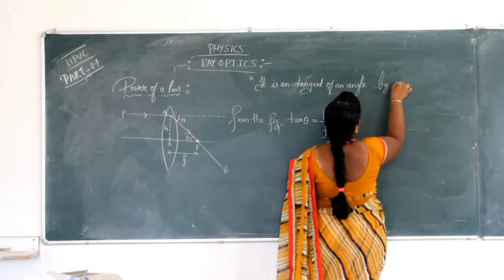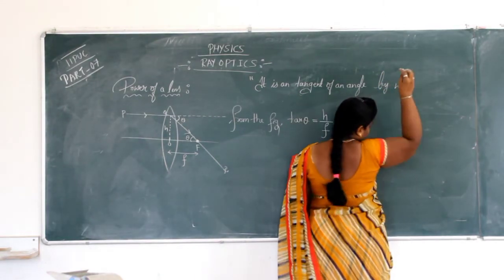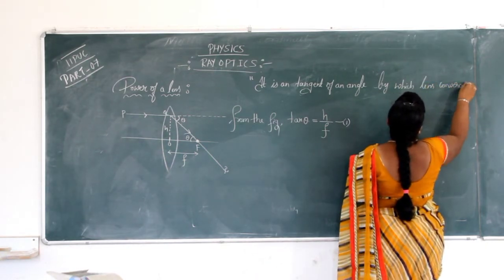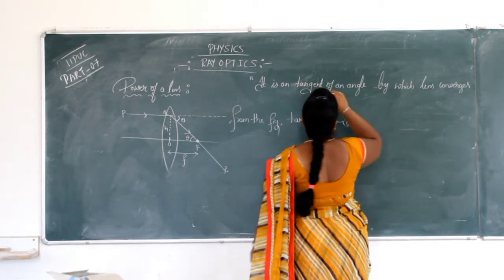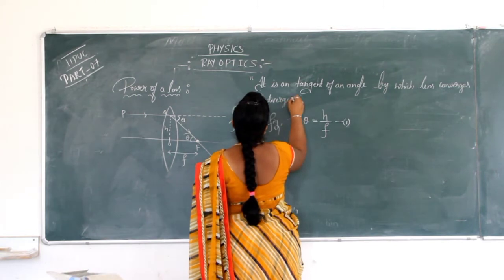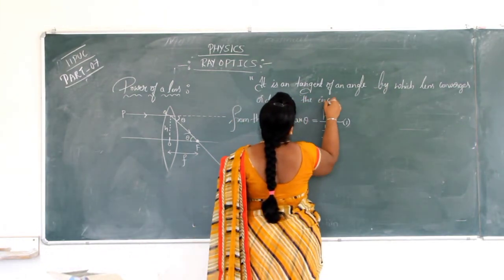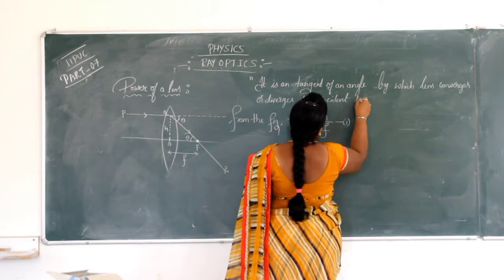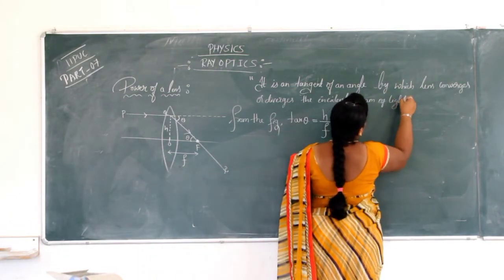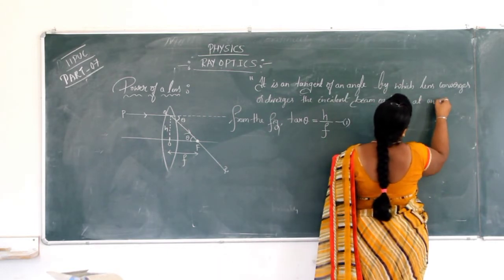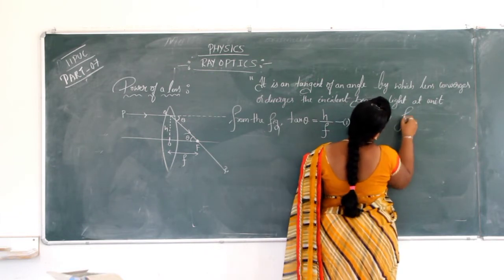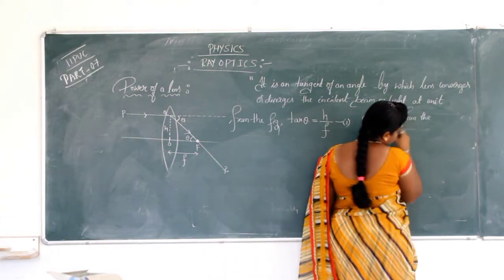The power is the tangent of an angle by which the lens converges or diverges the incident beam of light at unit distance from the optic center.